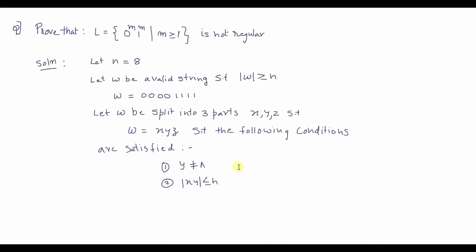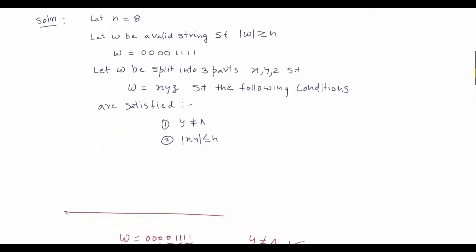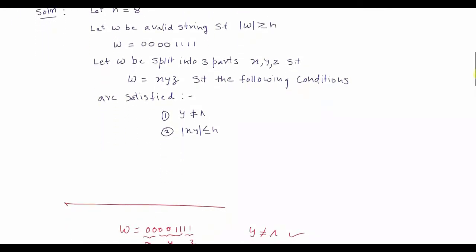So now I will be splitting this string into 3 parts. How should we split the string into 3 parts? I will randomly do this: I will consider the first 3 zeros as x, the next 3 symbols as y, and the remaining 2 ones as z.